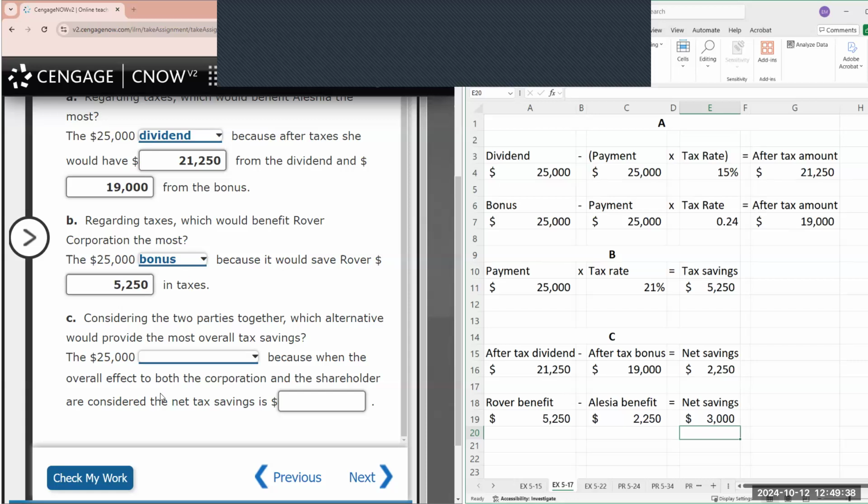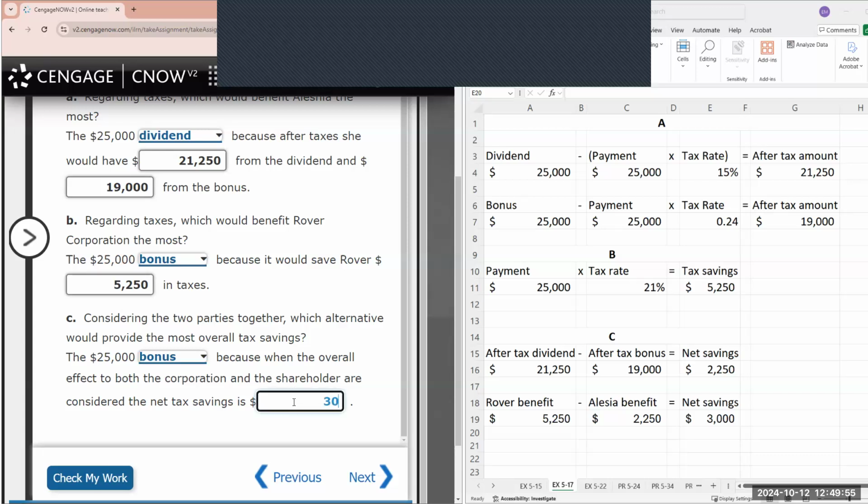So considering the two parties, the alternative that will provide the most overall tax savings is the $25,000 bonus, because when the overall effect to both the corporation and the shareholder are considered, the net tax saving is $3,000.